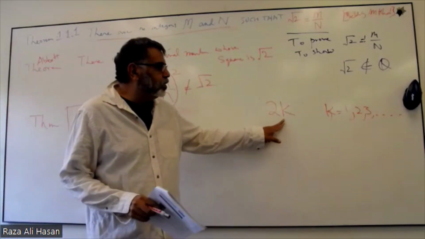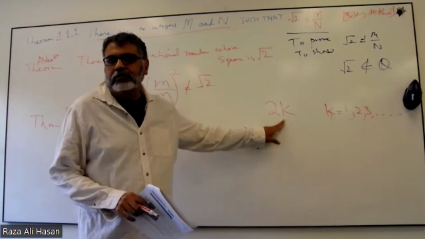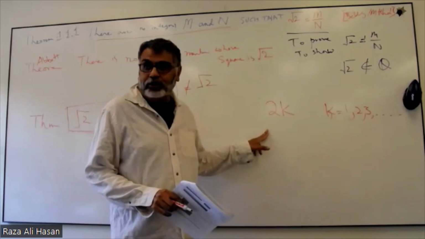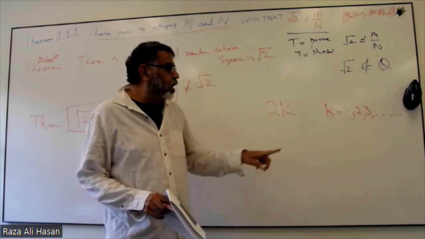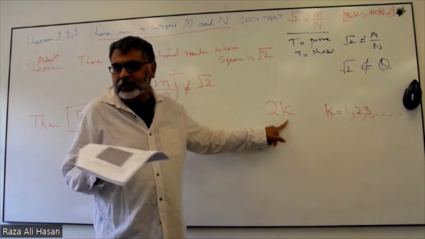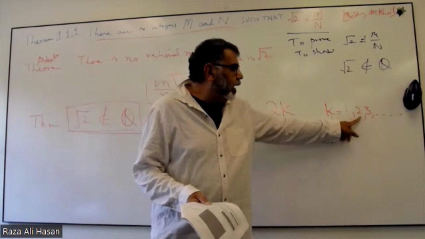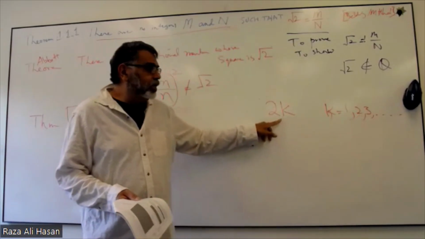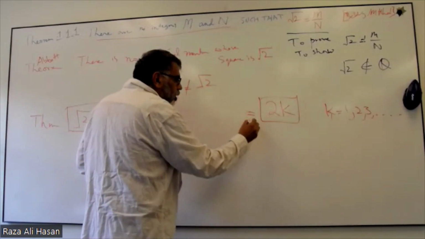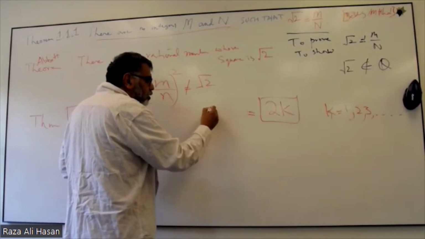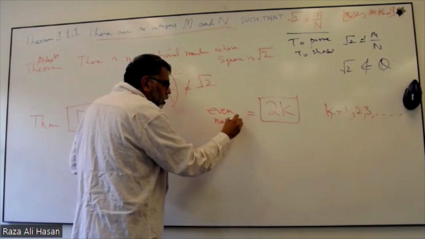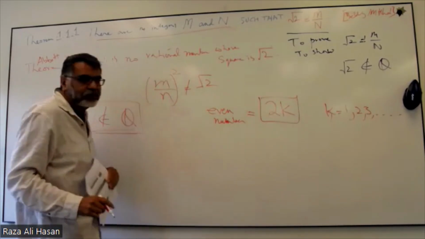When k is 1, do we get an even number? 2. You bring k in, so 2 times 1, 2, right? When k is 3, do we get an even number? 6. When k is 2, do we get an even number? So any even number can be represented this way.